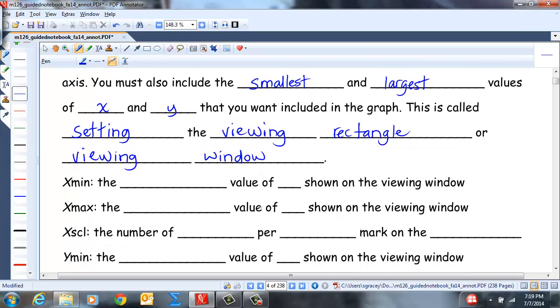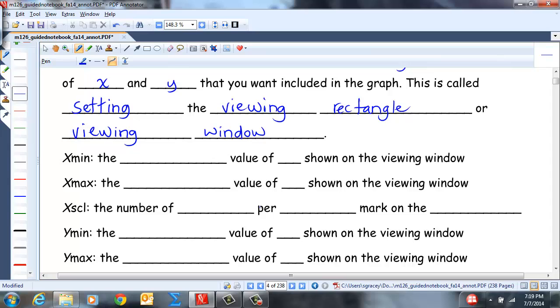So x-min is the smallest value of x shown on the viewing window. X-max, largest value of x shown on the viewing window. This next one is the x-scale, so the number of units per tick mark on the x-axis.